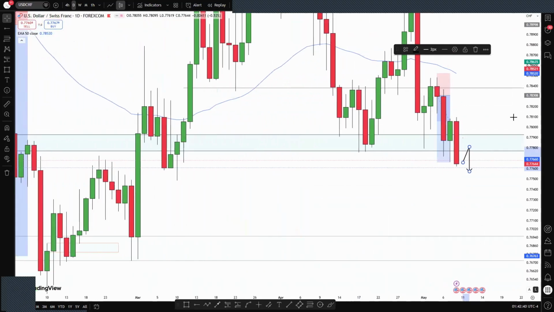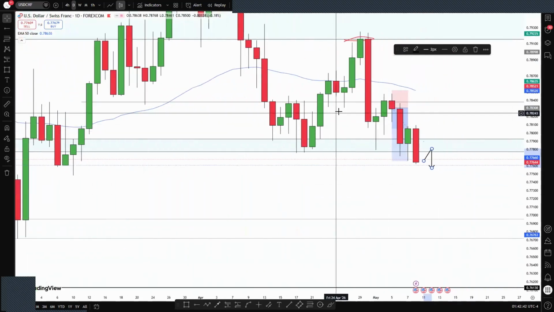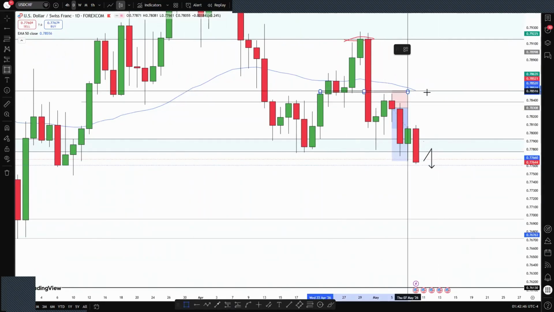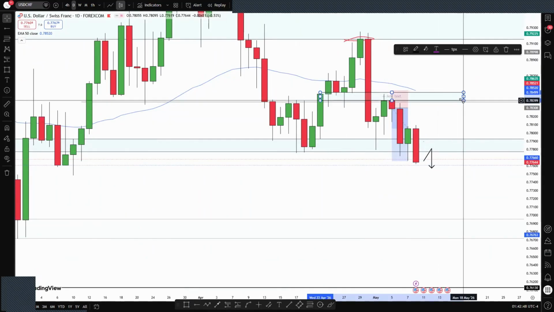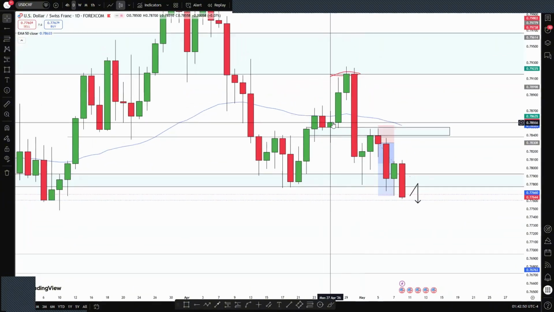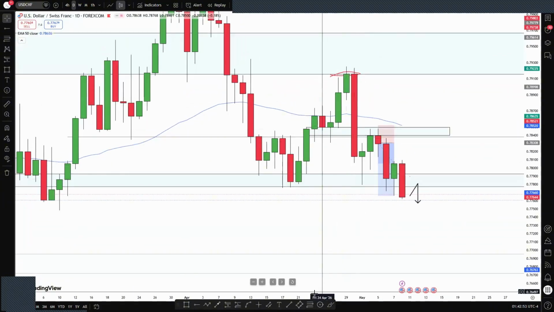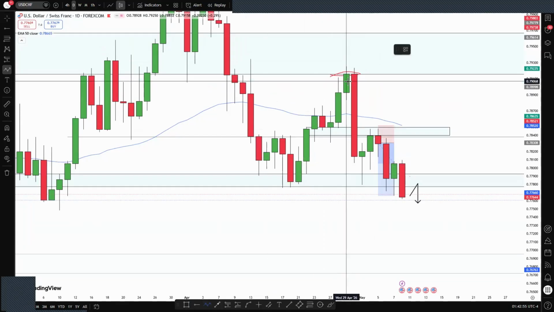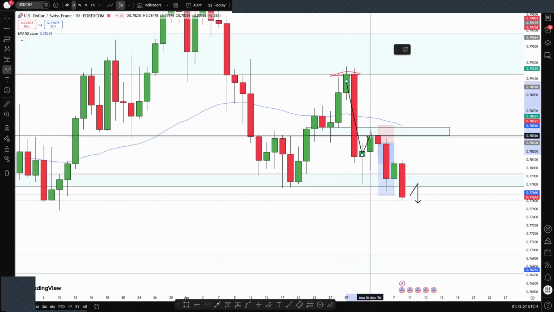Have you noticed what's going on here on this pair? I was explaining to you that I just don't sell immediately. You can see this is the retest of this shift on the daily time frame, right? And price breaks below, retests, and I don't sell immediately. First, I wait to see how the previous candle will close.